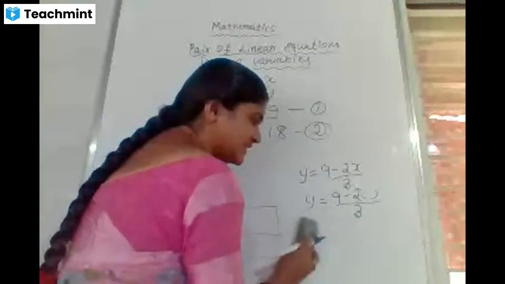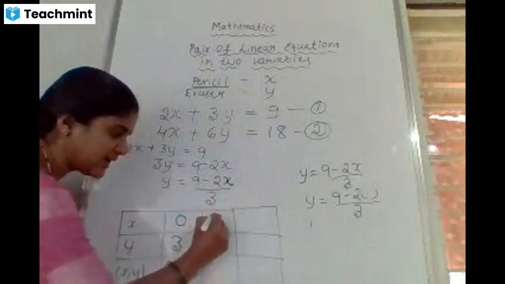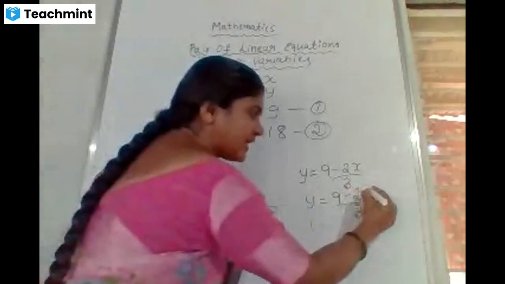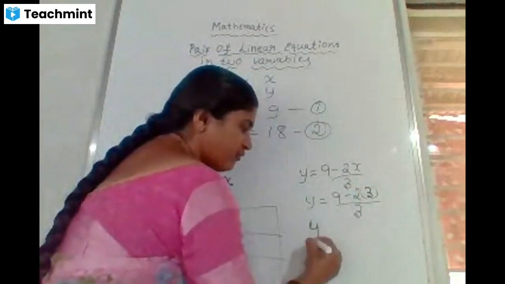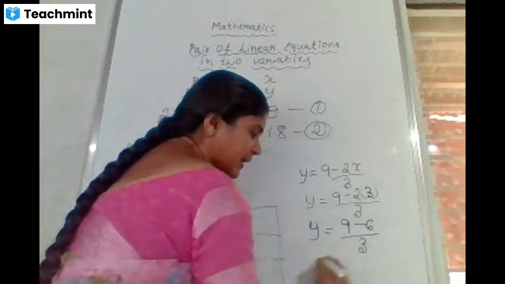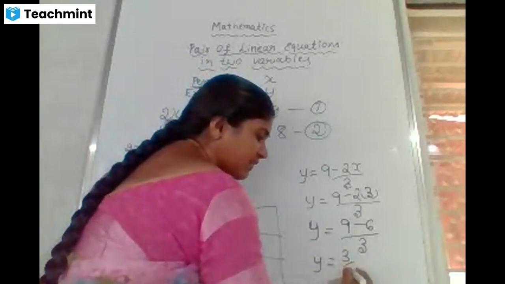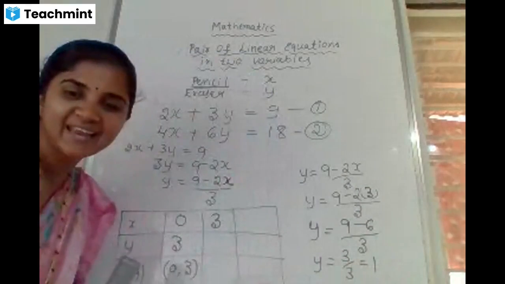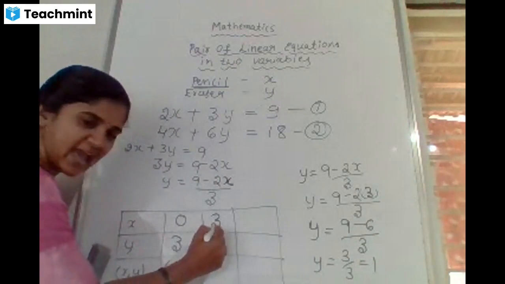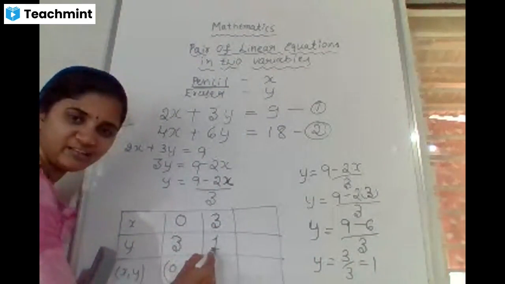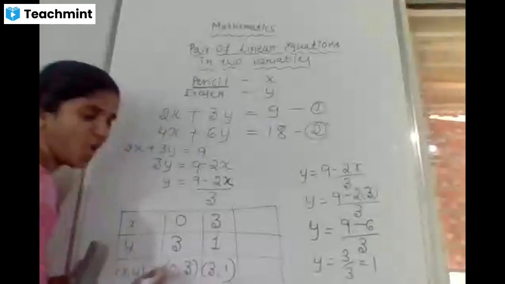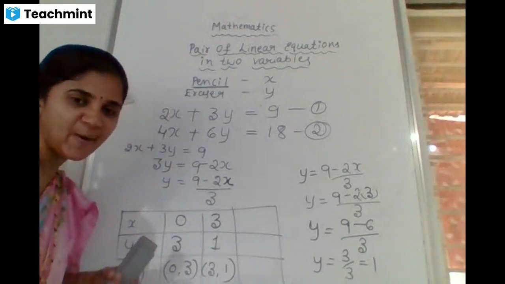If x is equal to 3, then y is equal to 9 minus 3 twos are 6, divided by 3, so y is 3 divided by 3. y is equal to 1. So our solution point is 3 comma 1.